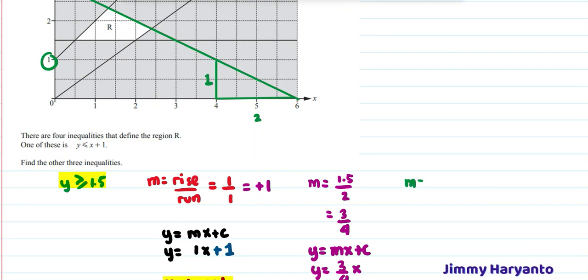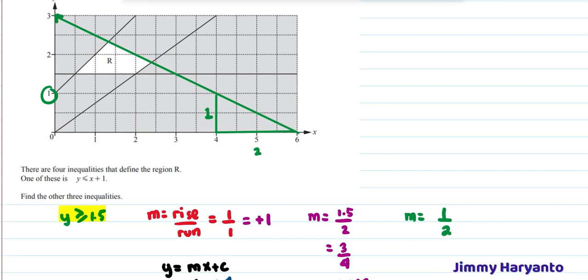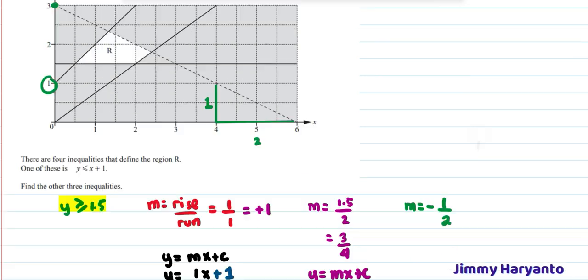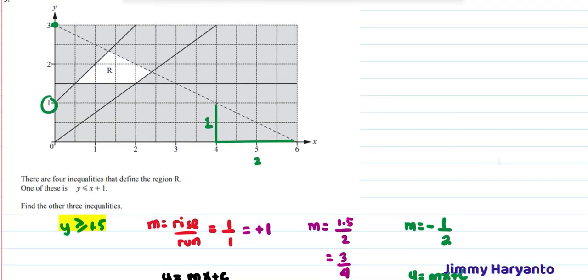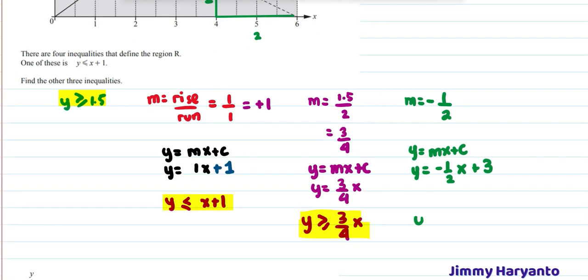So the gradient will be rise over run. But be careful for this one, because the line is going to the top left. That means the gradient is negative. And then the y-intercept is 3. y equals mx plus c. So y equals, the gradient is negative half, the y-intercept equals 3. That means it will be like this.